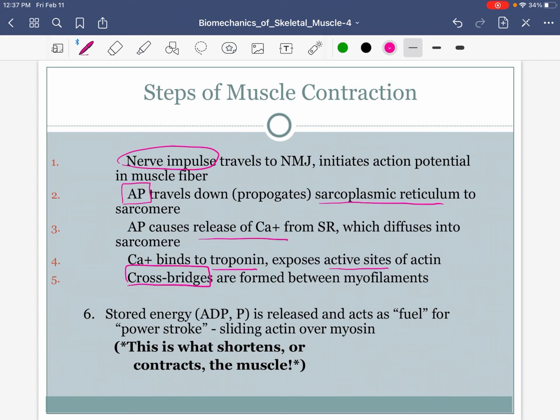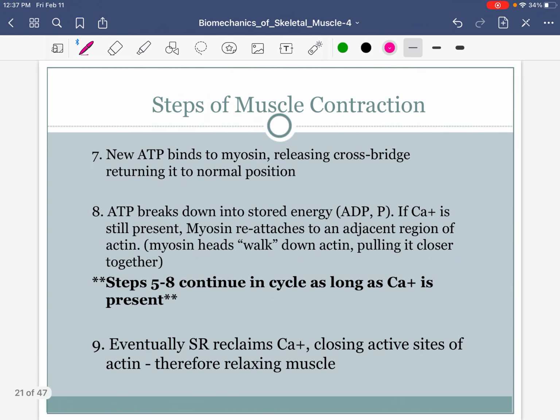Once we have cross-bridging, when the myosin heads bind to actin, then we have the power stroke. Only then does the myosin head release stored energy, and the actin and myosin slide together to cause shortening of the muscle. Now remember, immediately after the cross bridge and the power stroke, ATP is going to come over and pull myosin off of actin.